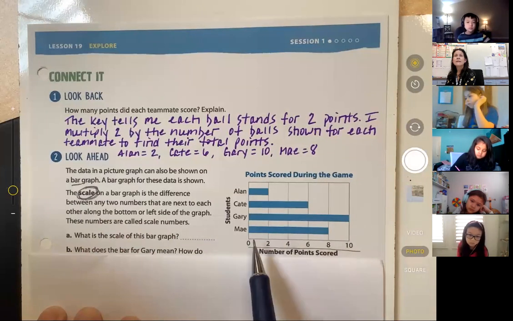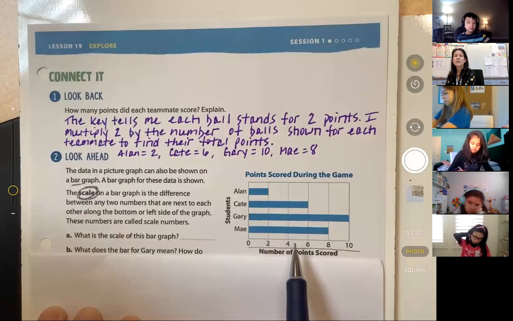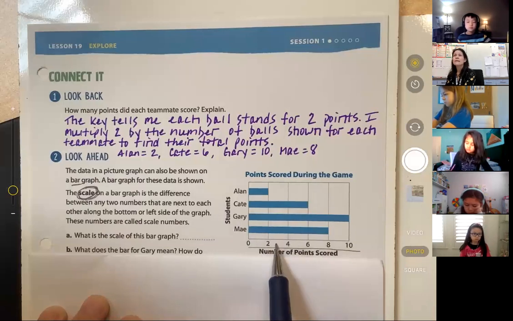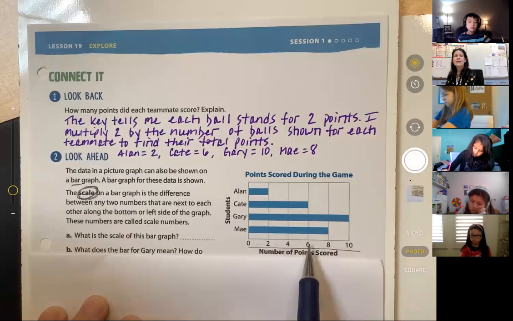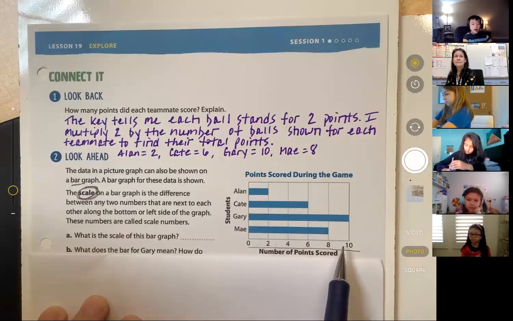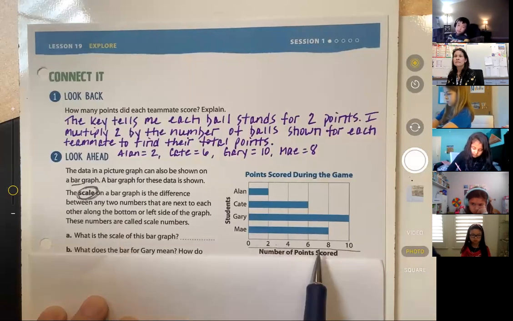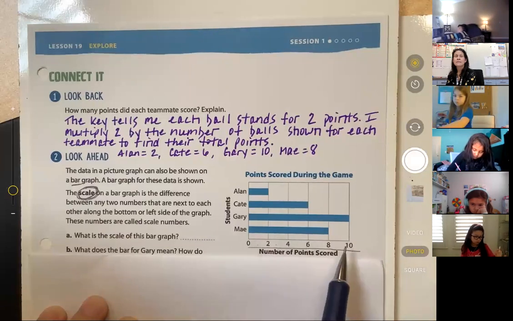And the scale is the difference between the 2 numbers that are next to each other. So you can see that our scale here is in increments of 2. See how we go 0 to 2, and then 4, 6, 8, and 10. These are the scale numbers.